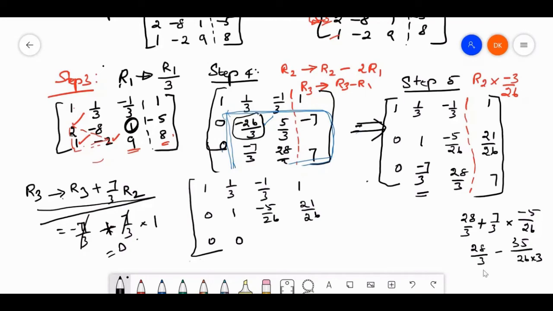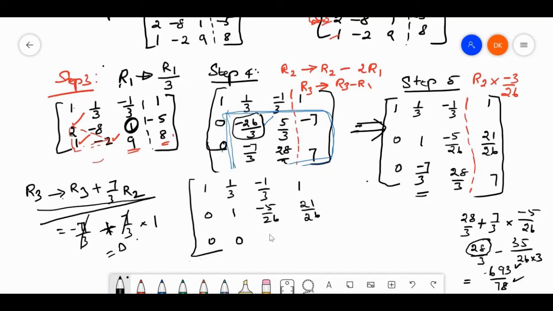If you simplify it, you will get 693 by 78. Because you have to multiply this as 28 into 26, because only 3 is there. So 28 into 26 minus 35, you will get 693, divided by 26 into 3, 78.